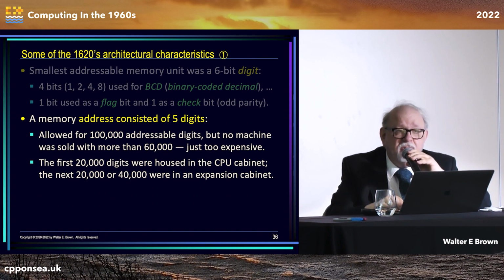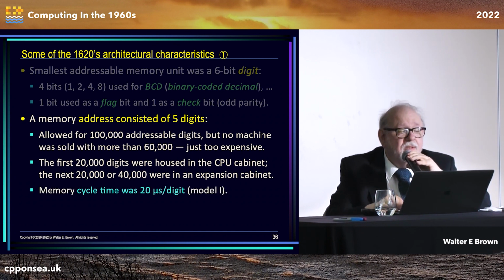The first 20,000 were housed in the CPU cabinet itself. The next 20 or 40 were housed in the expansion cabinet that I just showed you earlier. The memory cycle time was 20 microseconds per digit in the Model 1. There was a Model 2, which was considerably faster. The cycle time was 30 microseconds per pair of digits.